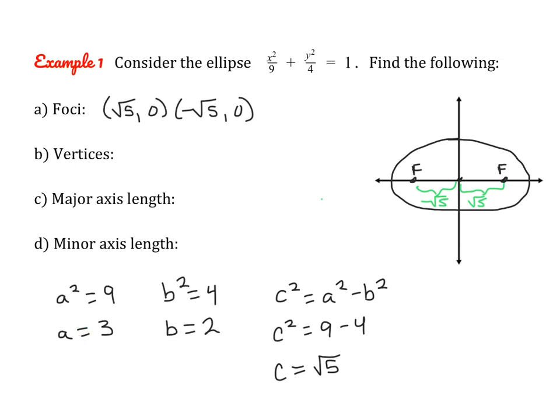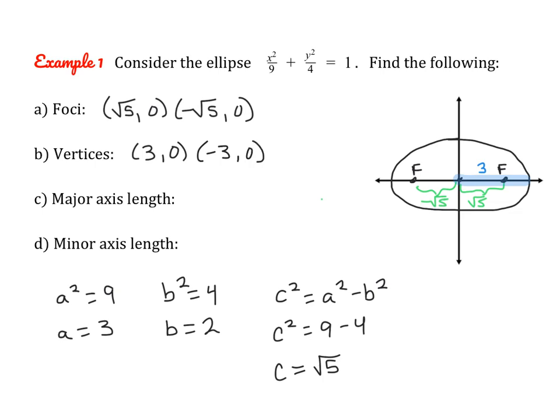Remember, our a value is by definition the distance from the center to your vertex, so along your major axis. So the distance from here to here is going to be 3. So that means that I have a vertex at 3, 0. And then this distance is also 3, so we have another vertex at negative 3, 0.